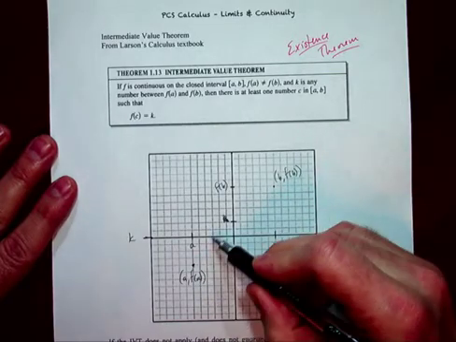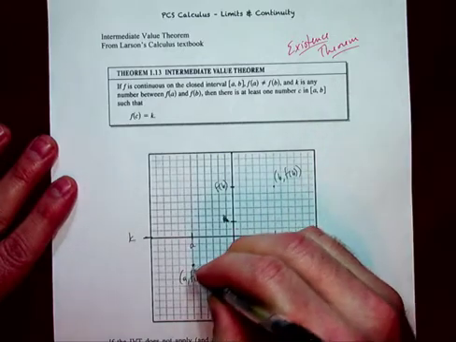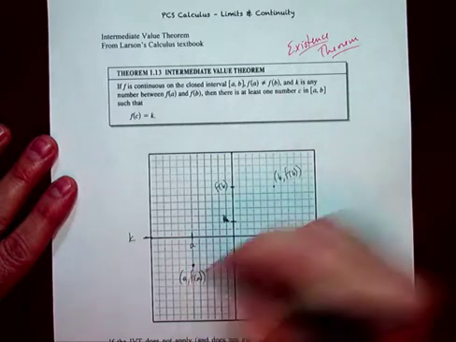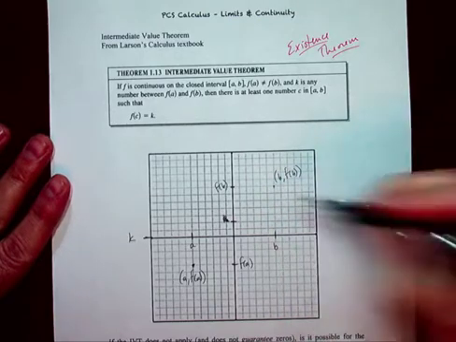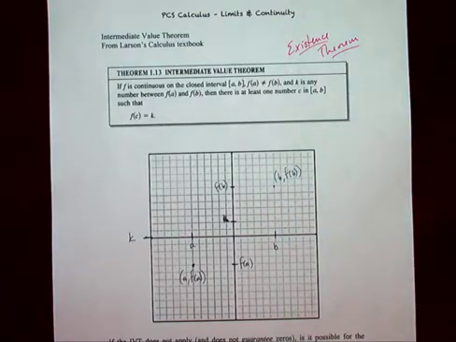It has to cross the x-axis because I can't get from f of a to f of b without crossing. Now, it doesn't tell me whether there's more than one, and it doesn't tell me exactly where on that interval it lies. It just says if f is continuous, then there has to be a 0. That's sort of the payoff.